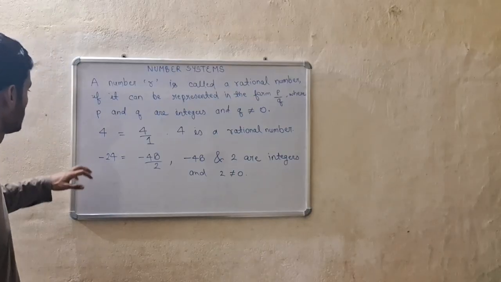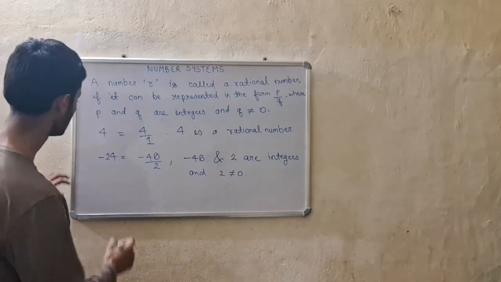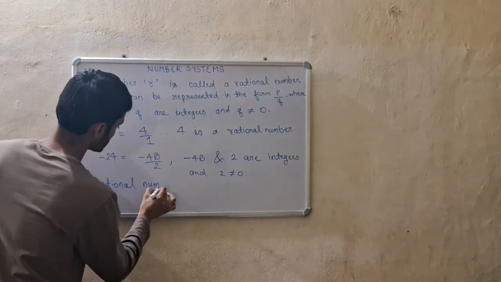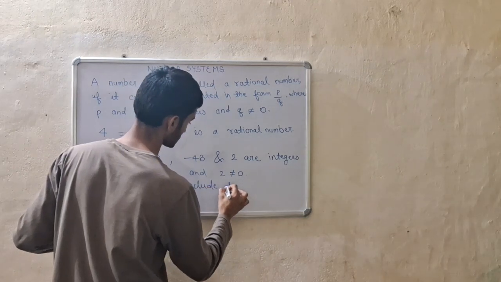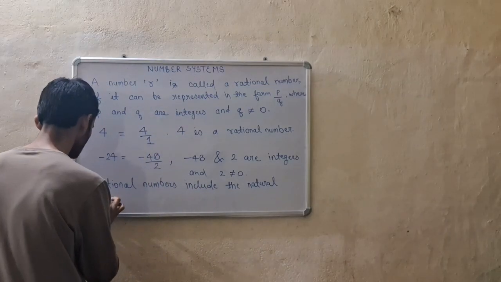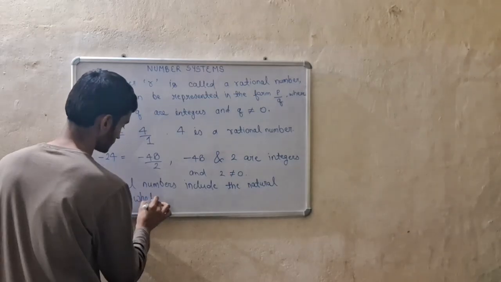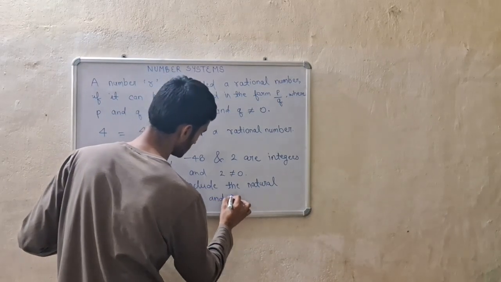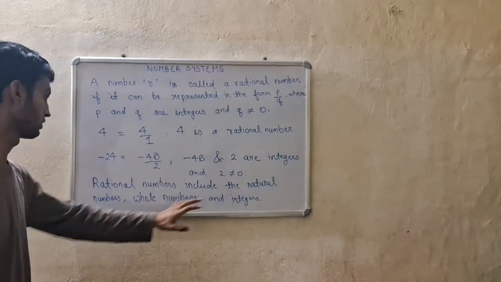In a similar manner, since we have shown that integers are also rational numbers, we can say that rational numbers include the natural numbers, whole numbers, and integers.